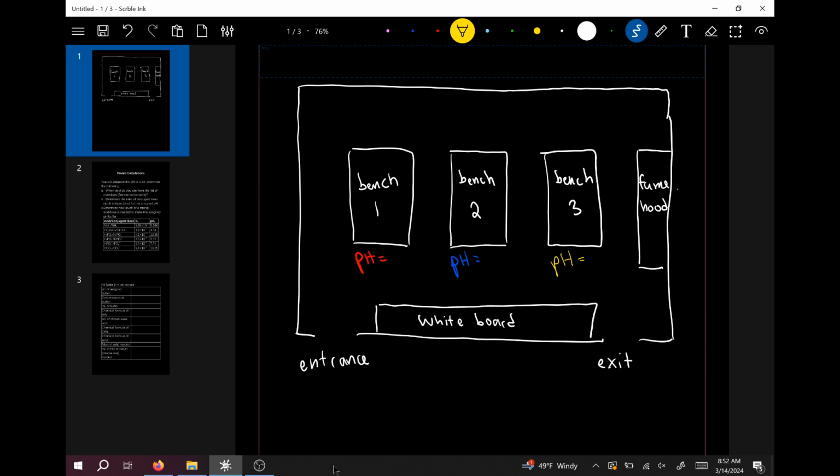I'm going to talk a little bit about an assigned pH in addition to where you can find the files of interest so that you can follow along, because this information, at least the file that I'm using here for these questions, is not included in the note packet that I printed out for y'all. Thankfully though, I did post on the Canvas site where you could find the file.